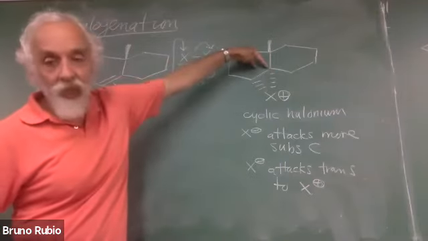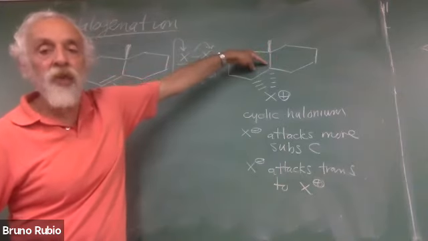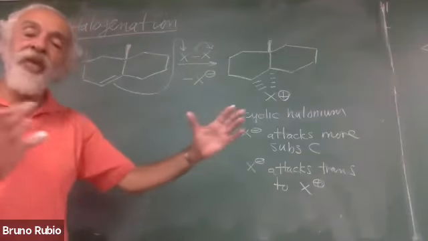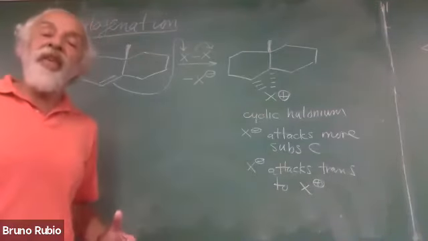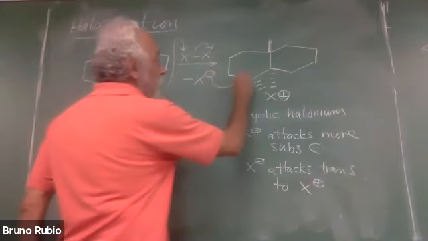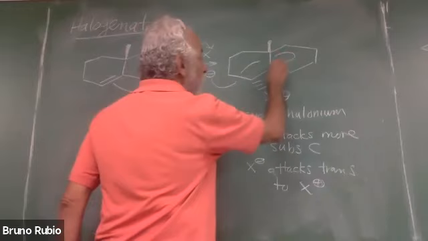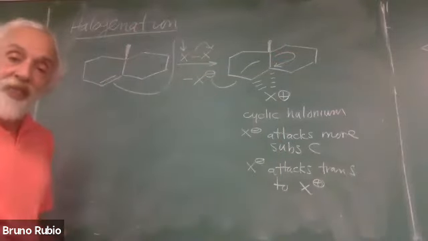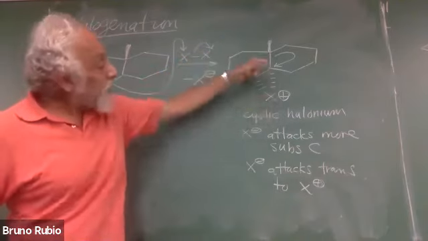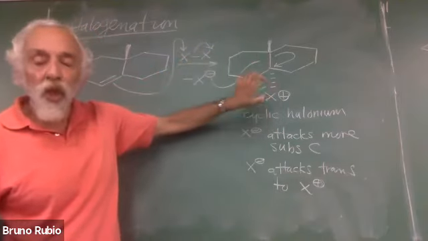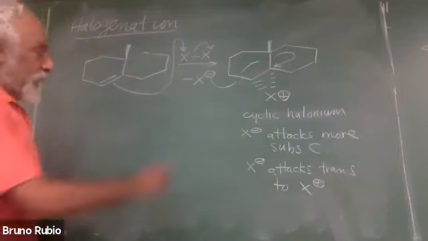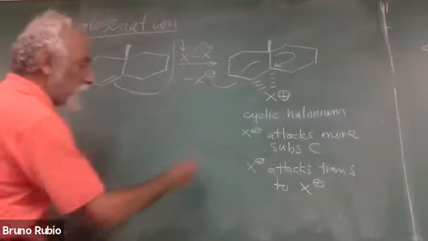It's going to attack this carbon because that's the more substituted carbon. But because you have this huge X plus atom in the back of the molecule, the X minus that is coming in has to attack from the front. Yes, this methyl group is in the way, but the X plus is closer to the scene of the action. So the attack of the X minus will be there.